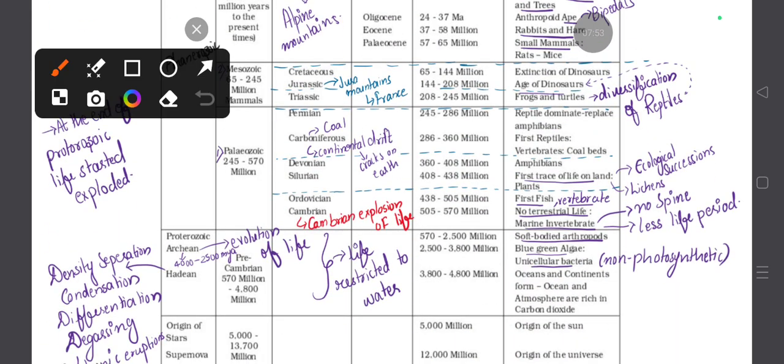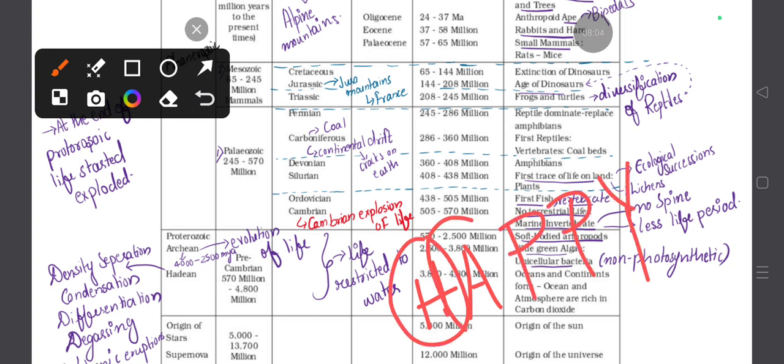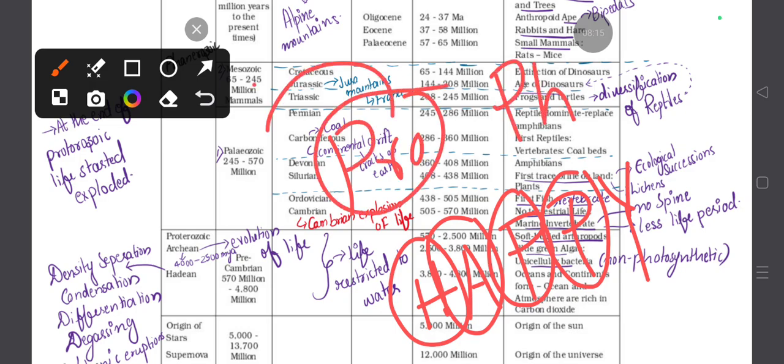I'll tell you a short mnemonic in order to remember it in a chronological way. Remember the word HAPP: H is Hadean, A is Archean, P is Proterozoic and the other P is Phanerozoic. If you have confusion about which comes earlier, Proterozoic or Phanerozoic, remember that Proto means the initial ones.